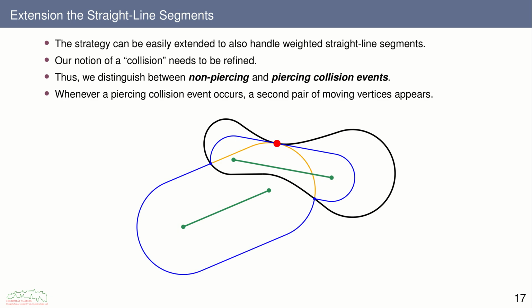Whenever such a piercing collision event occurs, a second pair of moving vertices appears. We only need to check whether a piercing collision event happens along the wavefront. In such a case, the two new moving vertices as well as the corresponding active arc between them need to be flagged as being part of the wavefront.